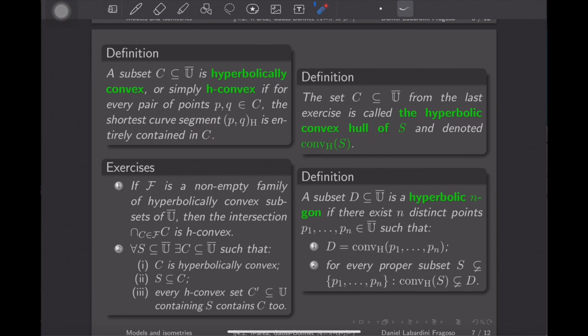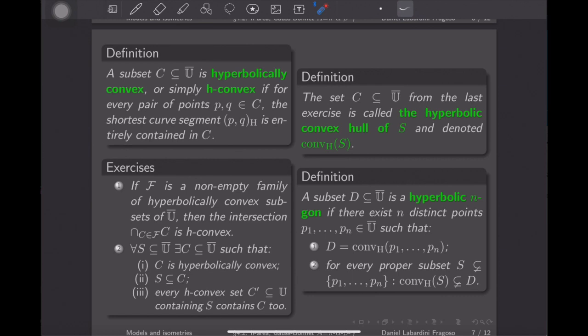And there are two things to note in this definition. One is that it is of course just the hyperbolic version of the Euclidean definition.